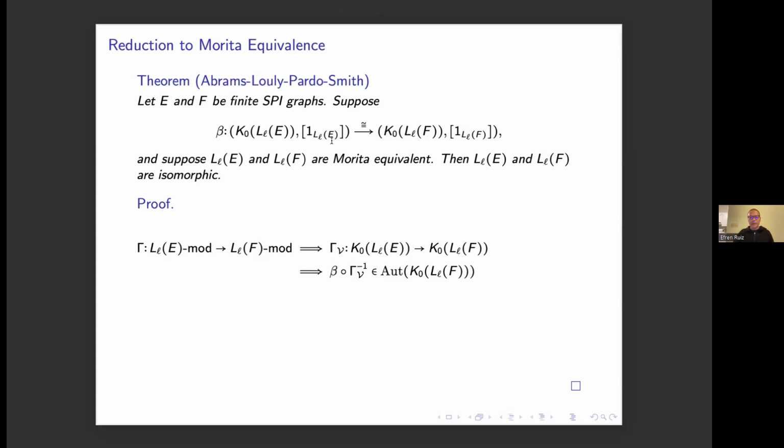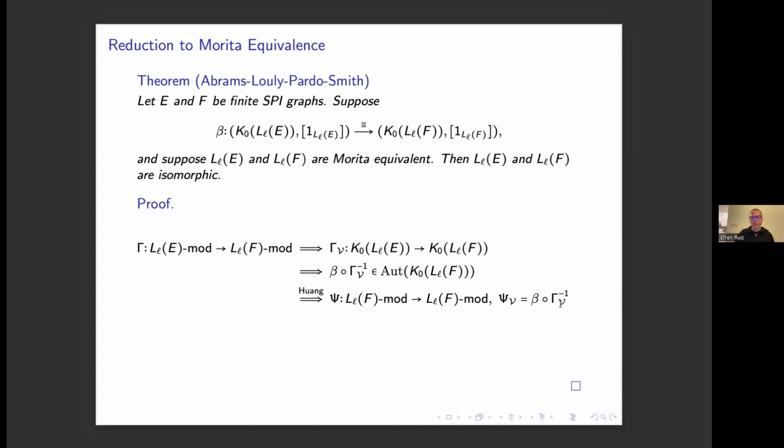The important piece here is that this gives an automorphism on the K0 group, and this is where symbolic dynamics come into play. Abrams and his co-authors use a result of Wang that shows that any automorphism on this K0 group can be lifted to a flow equivalence, and this is where you get a Morita equivalence inducing the correct thing on K-theory.